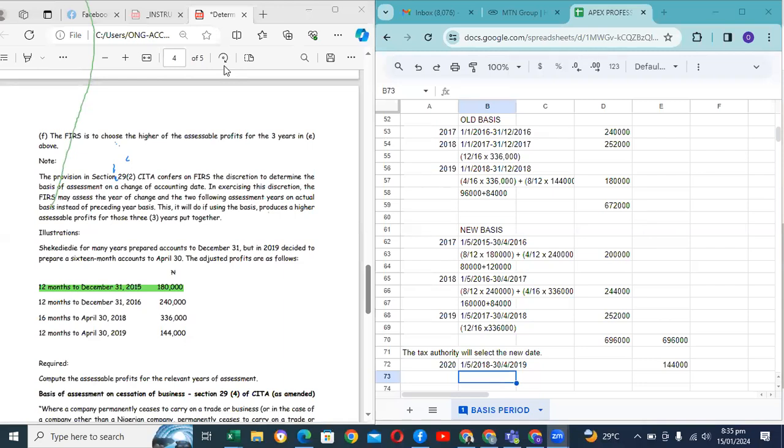Any question? Sorry, please, can you repeat that again? I said whether the tax authority select the new date or select the old date, the subsequent one after the changes in accounting date period will be based on the new date.